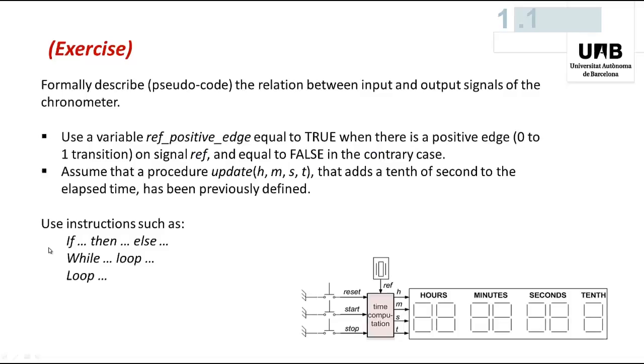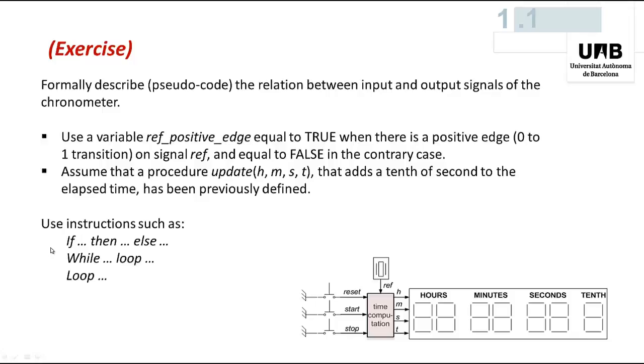We propose you an exercise. Try to describe the working of the chronometer in a more formal way, that is, with a piece of program using instructions similar to those used to describe the boiler control.